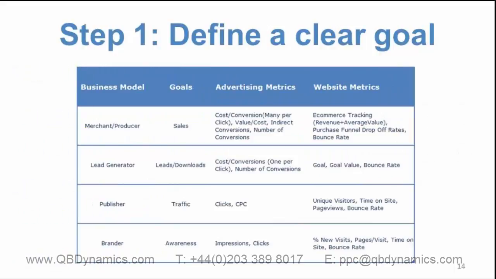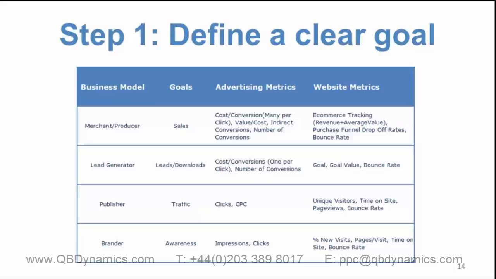Now, defining a clear goal is absolutely critical. And again, depending on the type or kind of business you have, your goal will vary. Now, a merchant or a producer of a product may be going straight for sales in an e-commerce store. Other types of businesses may be going for leads and downloads of a white paper or requests for services.